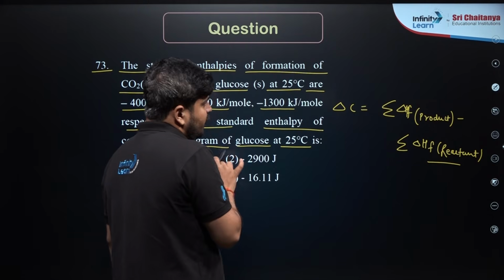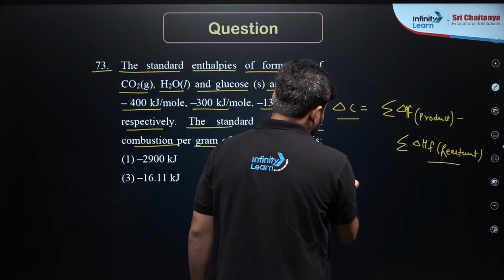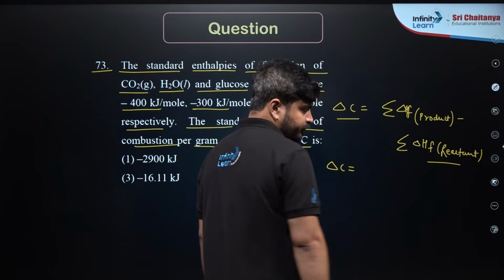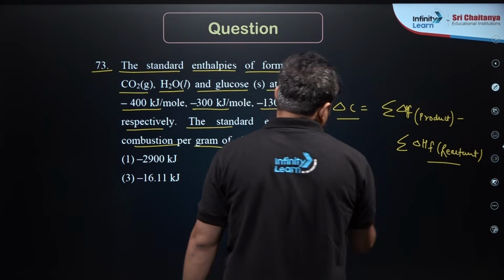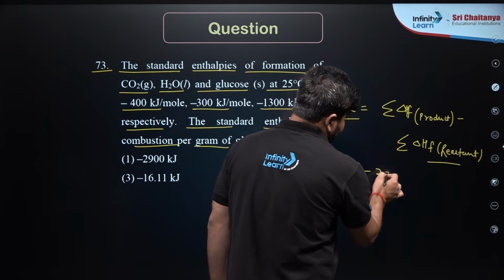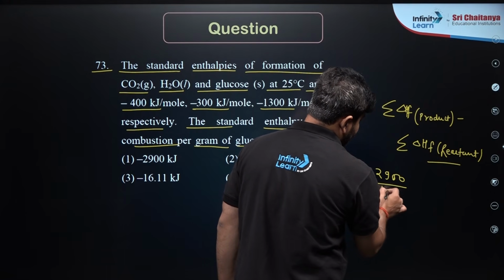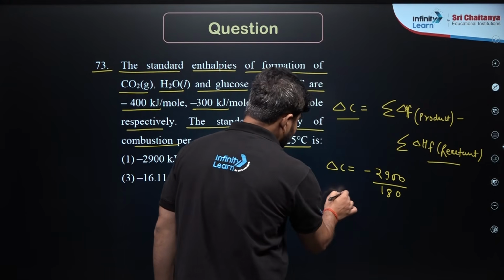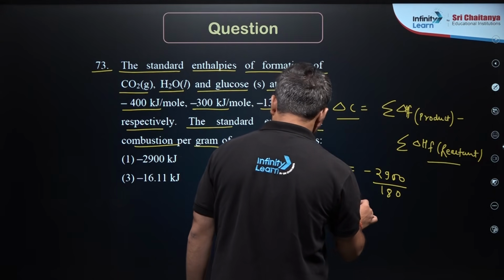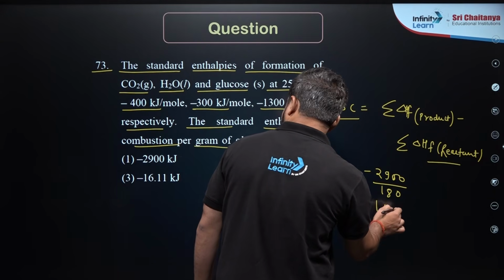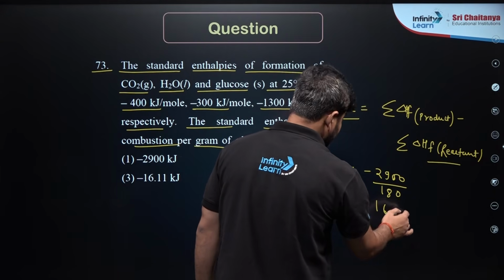So when we get delta H C, it will come minus 2900, and divide by 180. Here delta H C overall, exactly how much will it come? It will come minus 16.11, in joule only.